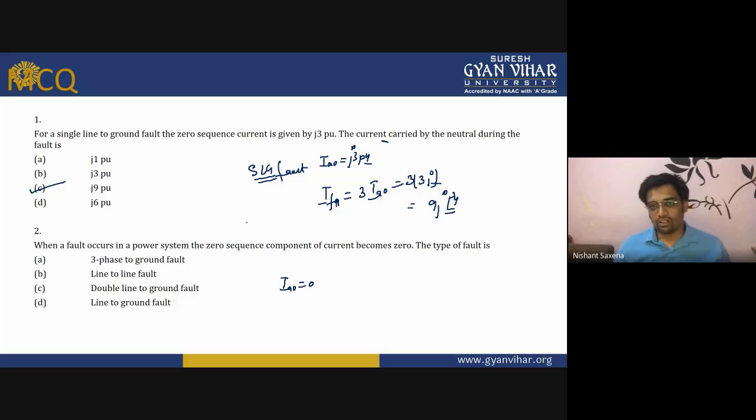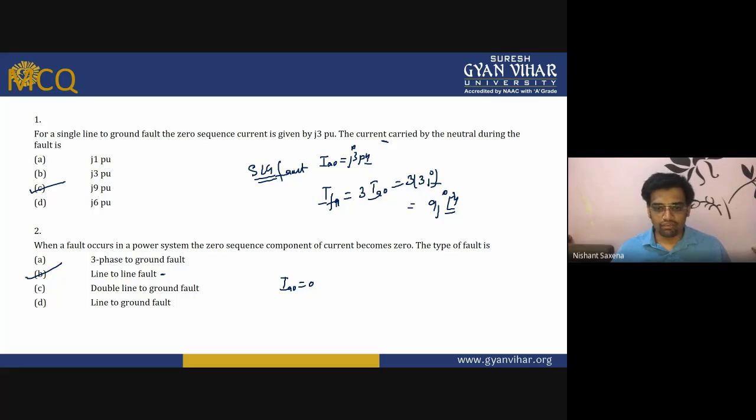In which type of faults is the fault current equal to zero? Remember this trick. When the zero sequence component is equal to zero, then there is an absence of the ground fault. So what are the options in which you are getting the absence of ground fault? Only one option is given, that is option B, the line to line fault.